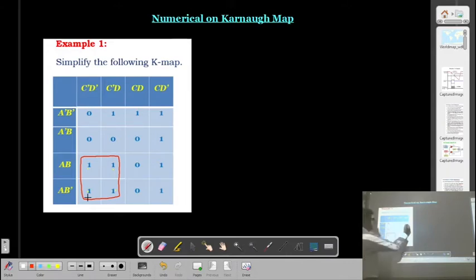Then again if you see, these 4 high levels are in a vertical column and also they are forming a quad. So another quad is also present. Now if we look at these 2 high levels, they are not making a quad with any other high levels, but they are forming a pair. So you can mark this as a pair.